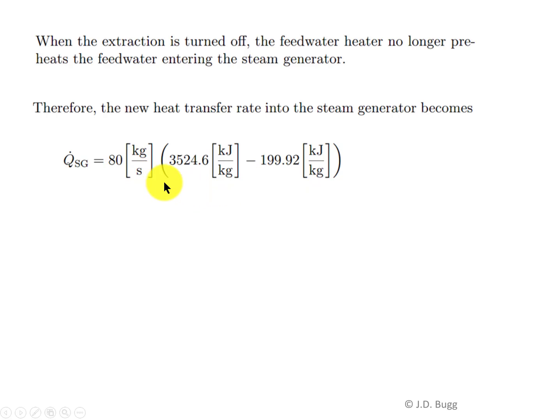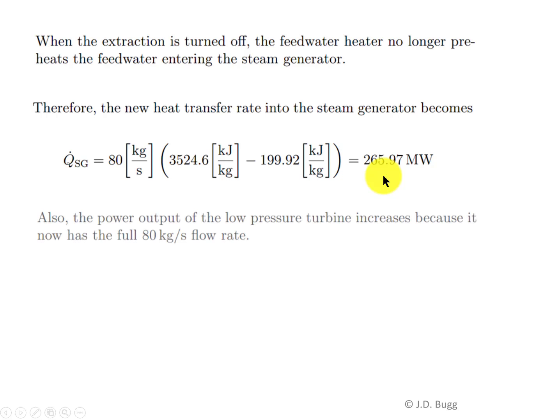The flow rate is still the same, and the exit enthalpy is still the same, but this has reduced. That gives us an increased heat transfer rate into the steam generator, and our new number is 265.97 megawatts. The other effect is that we have full flow, 80 kilograms per second, through the low pressure turbine.